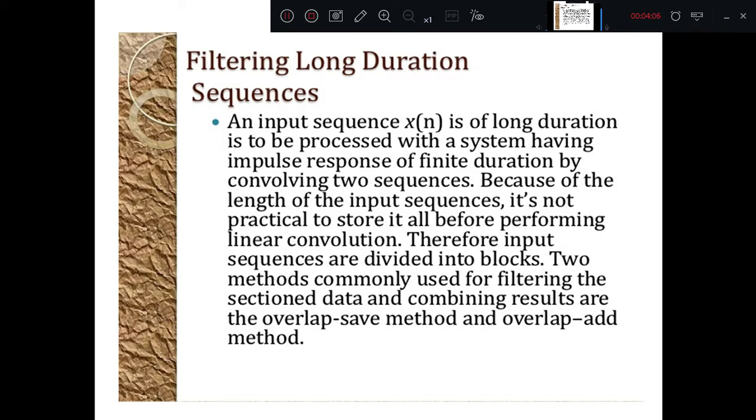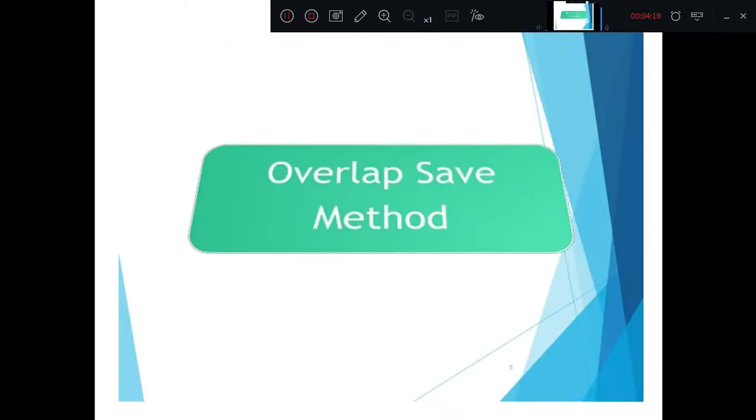If the theory concept is asked from overlap save method, then definitely you will get the numerical example on overlap add method, and vice versa, right? So today we'll discuss the first method, which is the overlap save method.